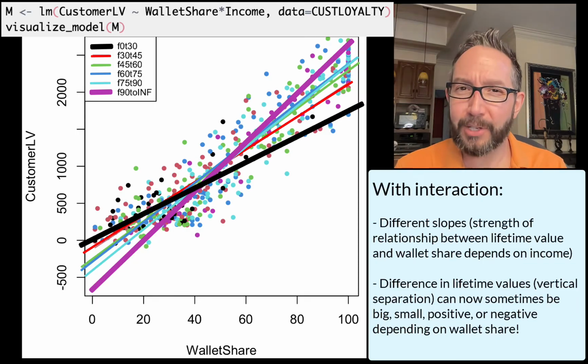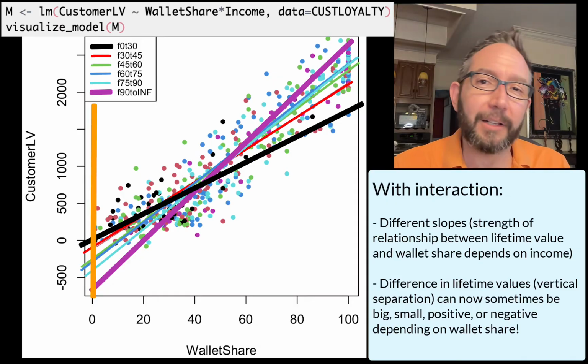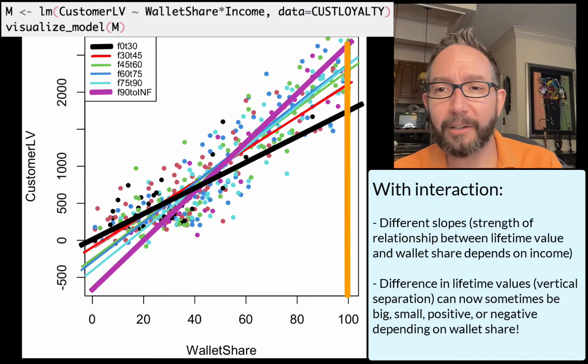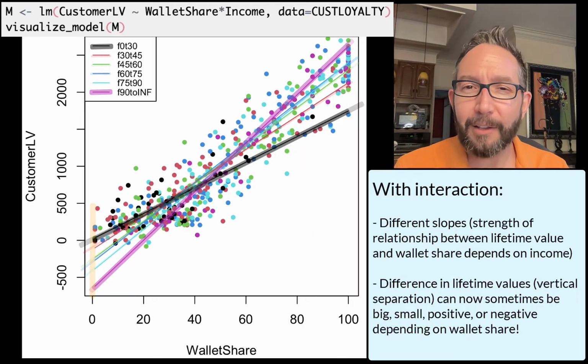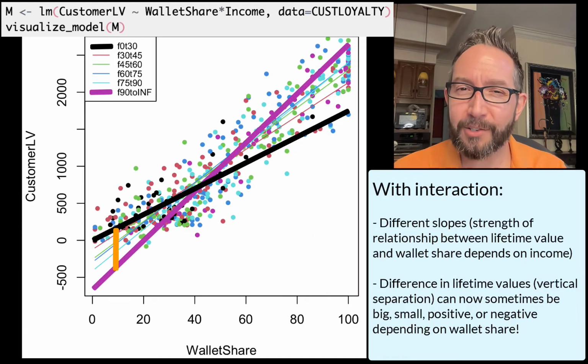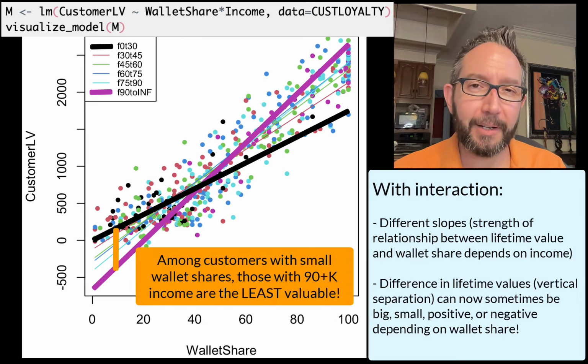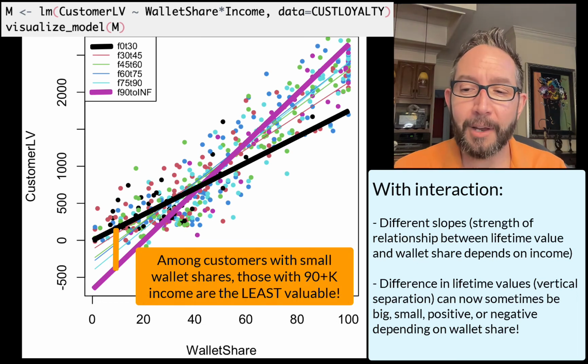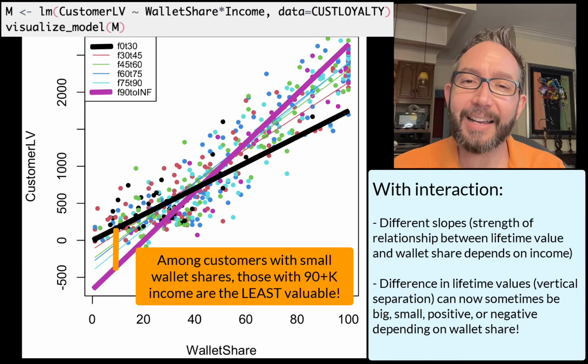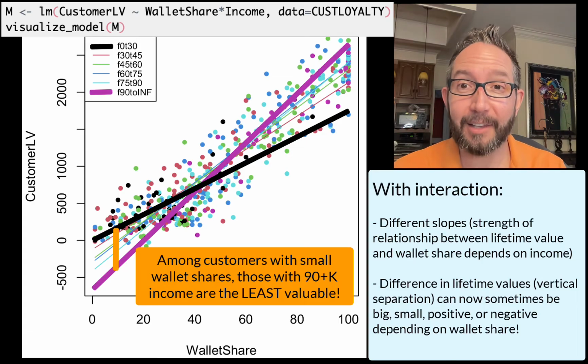Now, that's not the most interesting observation by itself, but notice what the regression model is letting us glimpse for very low wallet share versus very high wallet share customers. If we look at customers with very low wallet shares, customers that spend most of their money on these sorts of purchases with their competitors, what we find actually is that the highest income bracket has the smallest lifetime value.